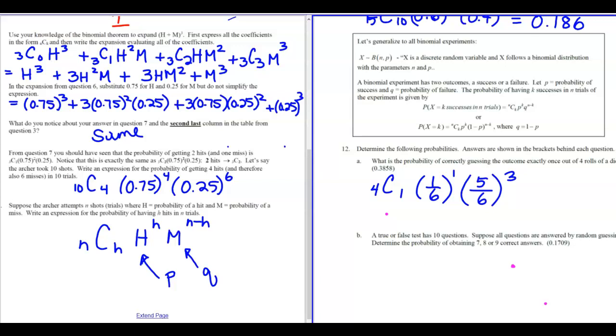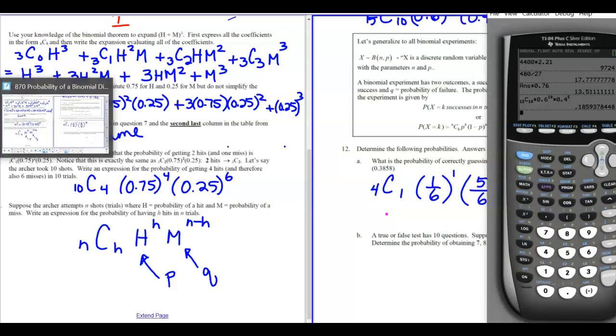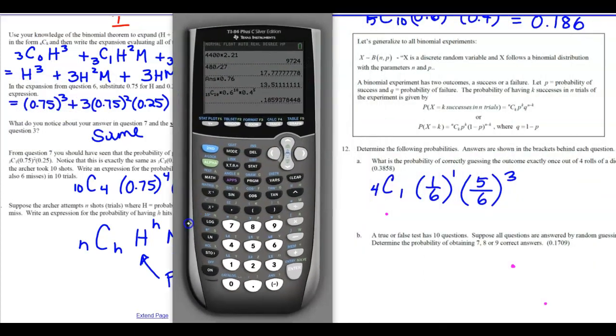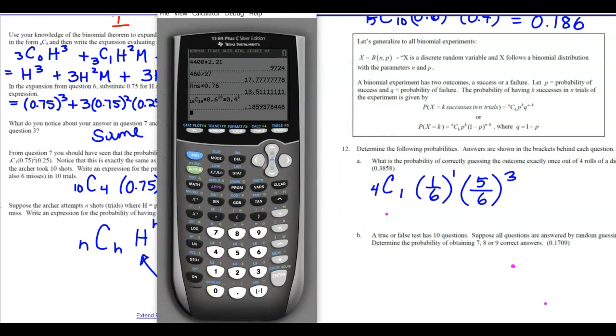The probability of guessing it correctly once out of the 4 times. So enter that in the calculator. 4C1 is 4. You don't really have to bother using this notation; we can use fractions, you don't have to.